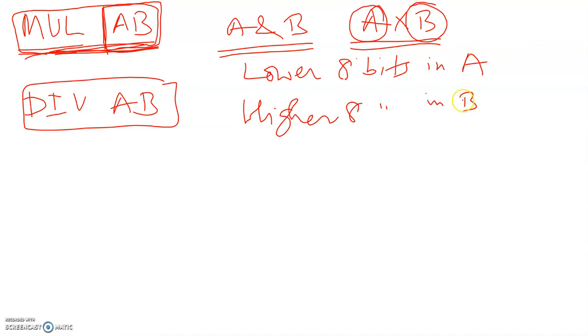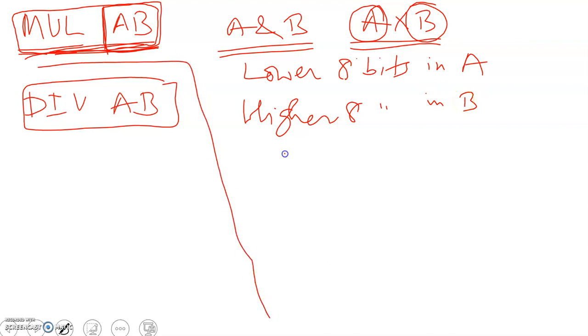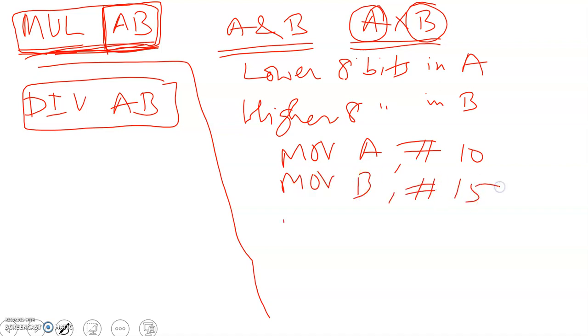Let's take one example here for the multiplication operation. I am taking MOV A, #10, MOV B, #15, and MUL AB. So this will result in a value of 150.